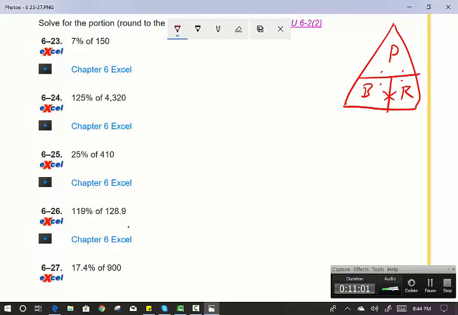Okay, in solving for part, base, and rate, or portion, for part, we know that the percent is associated with rate, and we know the number that follows percent of is your base. So we're looking at 7% of 150 equals something where the part is remaining.